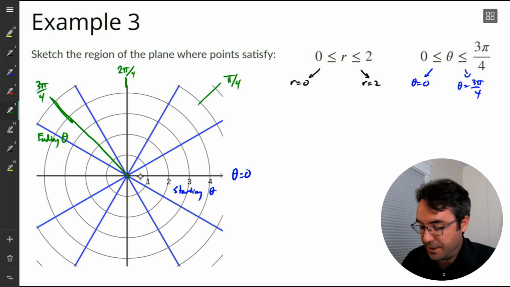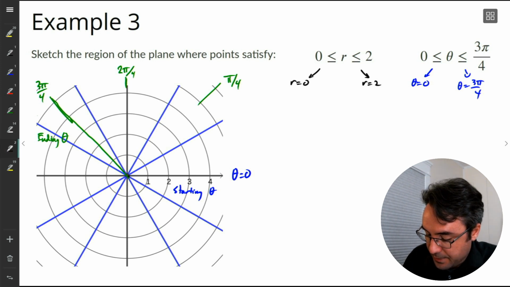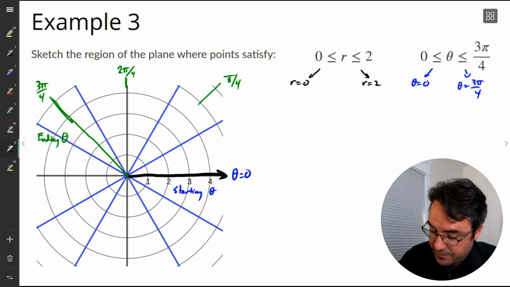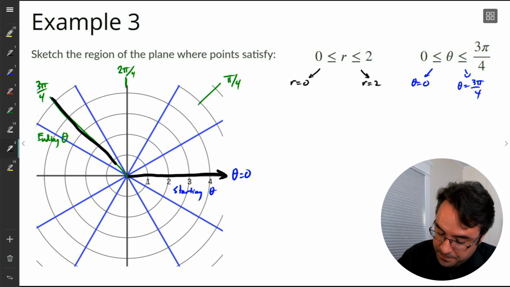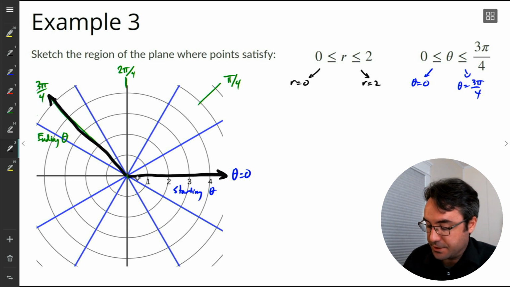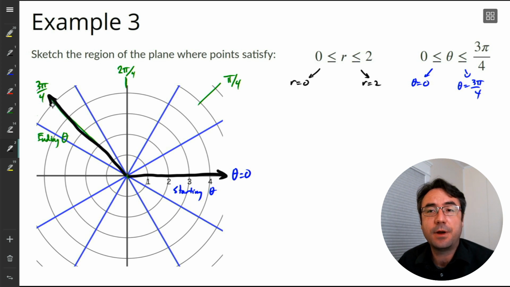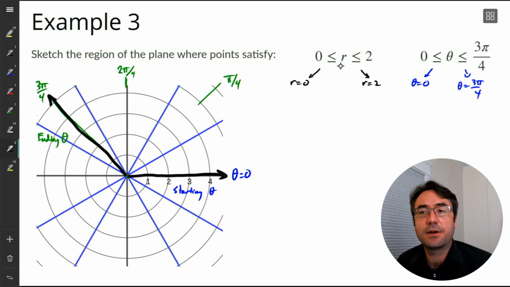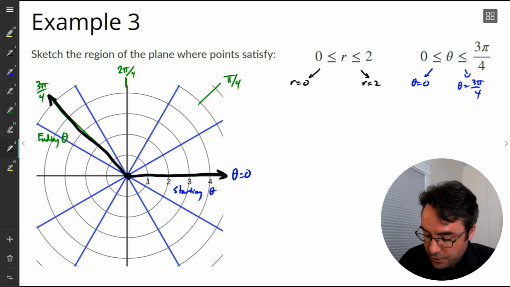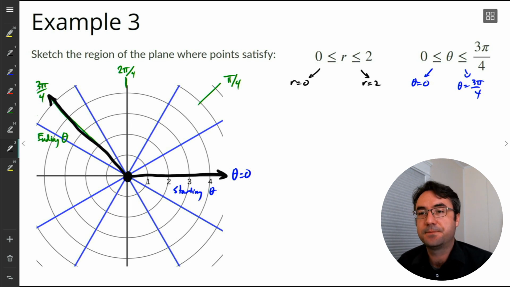All right, so we have theta equals 0, and let's draw those in just to give us some perspective here. We're going to start at this angle, and work our way to our ending angle here. And then the r value tells you how far to go. If r can be 0, we could potentially start at the origin.